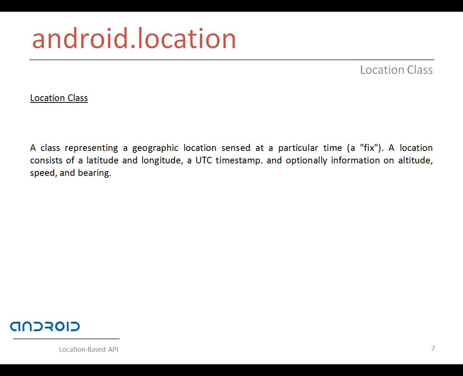That location you are going to use to get the latitude and longitude. Our motto in this webinar is how to get the latitude and longitude, and then how to use that latitude and longitude in our application. Now, moving to the code.